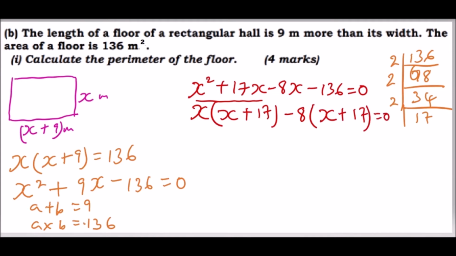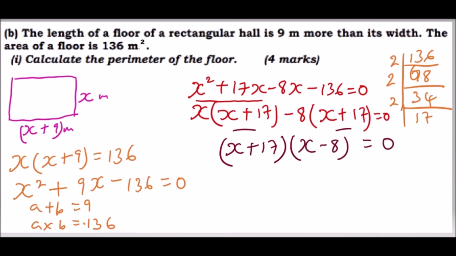Once you do that, then you factor out what is common, so we have x plus 17, and we'll be left with x minus 8 is equal to 0. Then here we can say x is equal to minus 17 or 8.